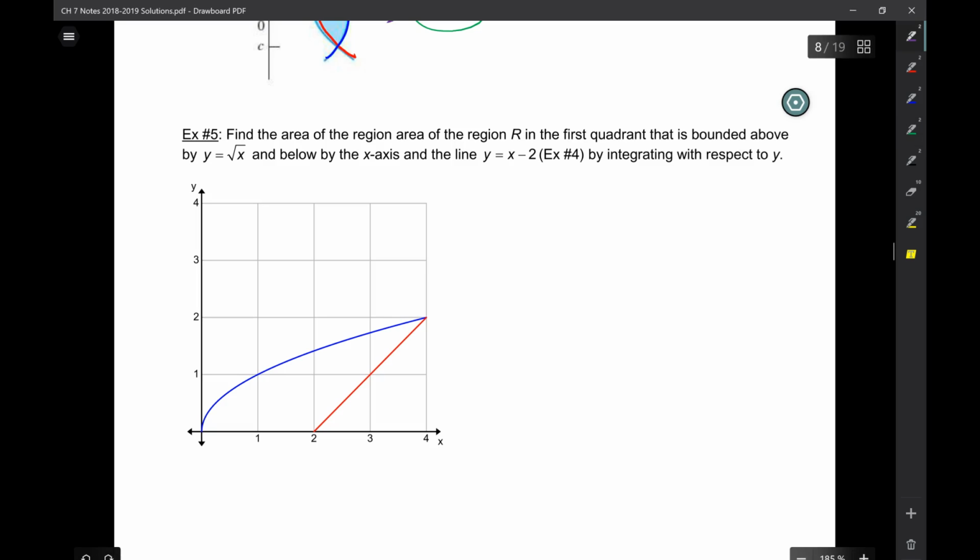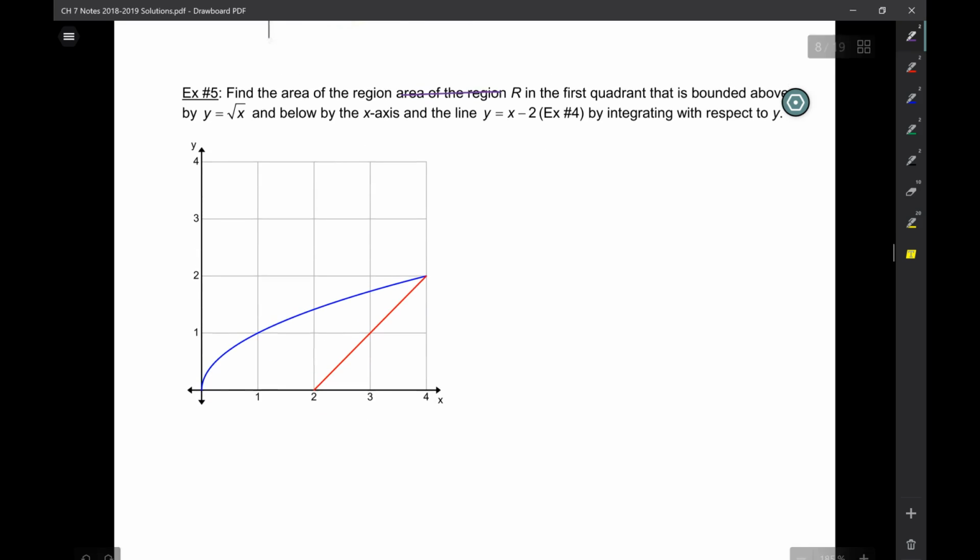So let's take a look at this. Find the area of the region R in the first quadrant that is bounded above by y equals root x and below by the x-axis and the line y equals x minus 2. Oh my God, where have we seen that before? The last page. But this time we're going to do it by integrating with respect to y.